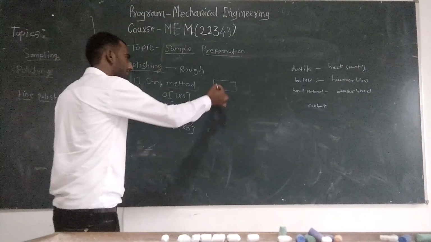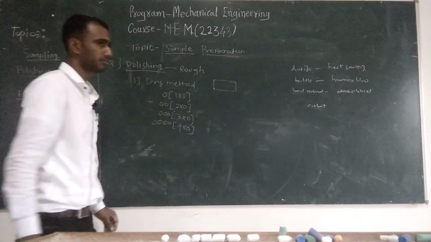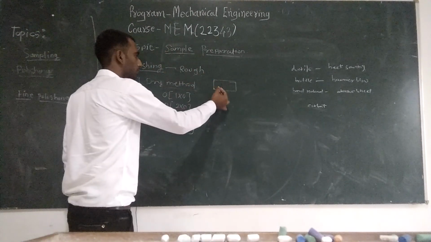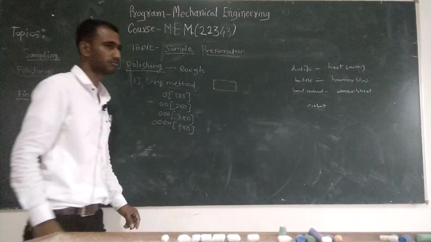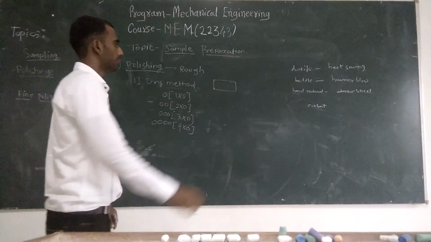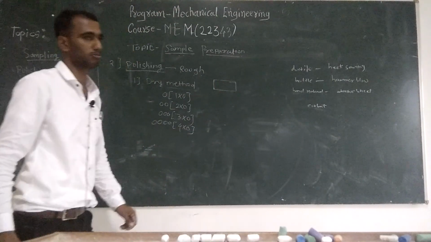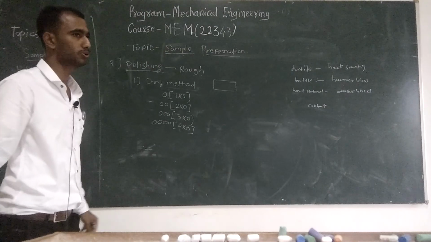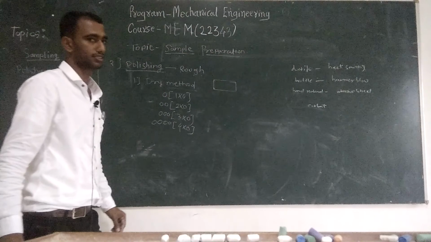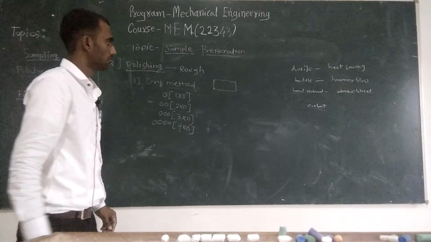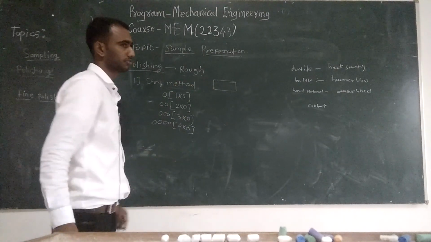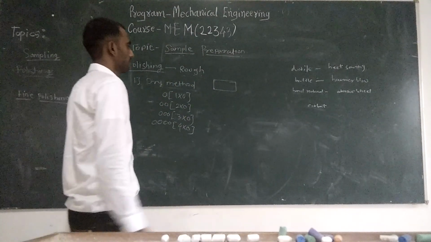If heat is generated in a high amount, it will alter the microstructure of the given specimen, which is very undesirable from our point of view. So, to avoid that, we use lubricants while carrying out rough polishing in the dry method.